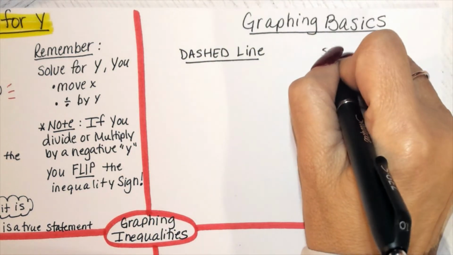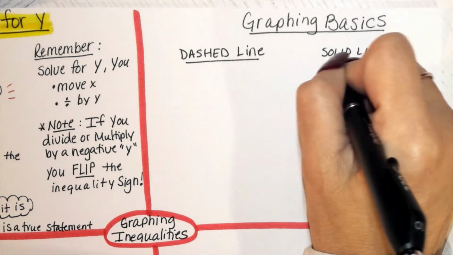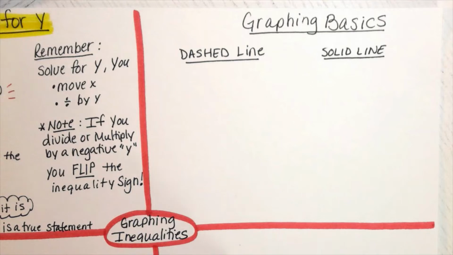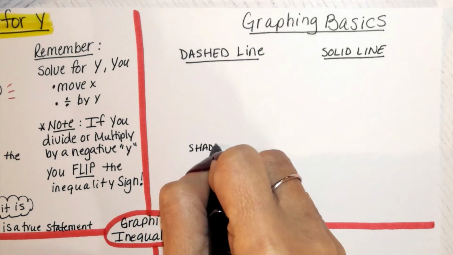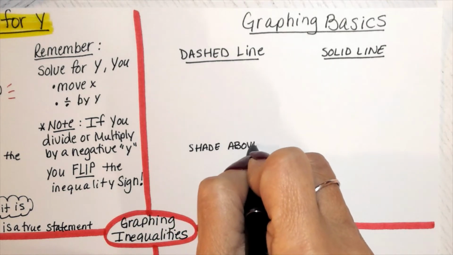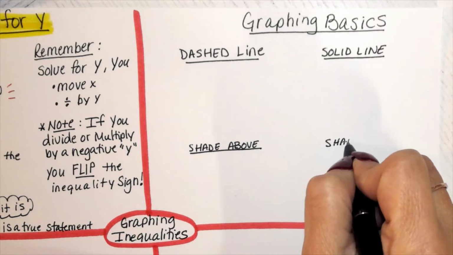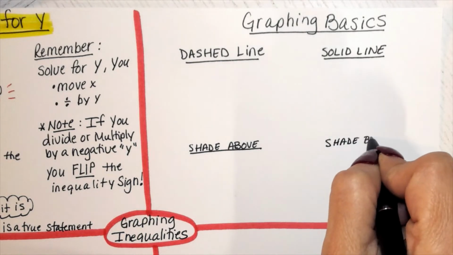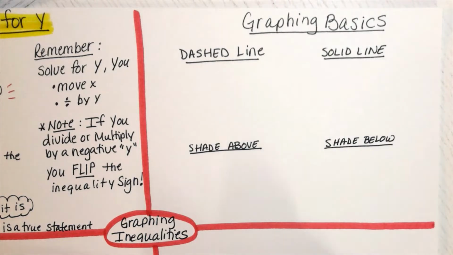The other one is a solid line. And then down here, we're going to say shade above. And over here, you probably already guessed it, shade below. These are the 4 graphing basics.